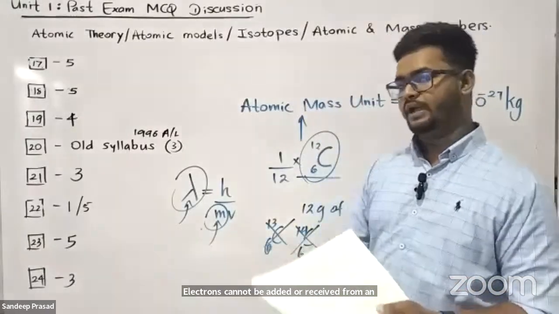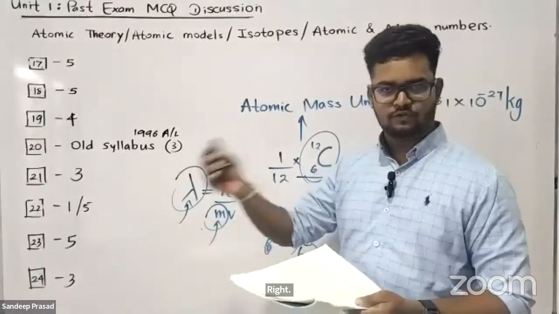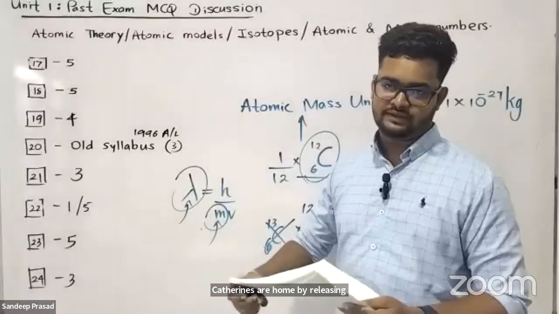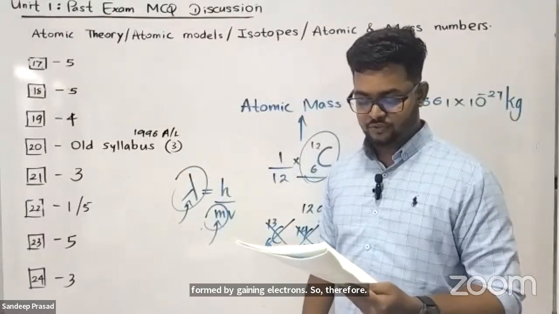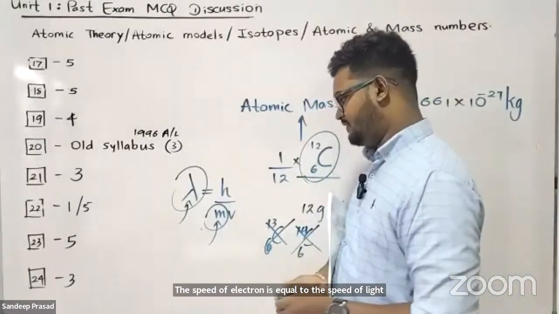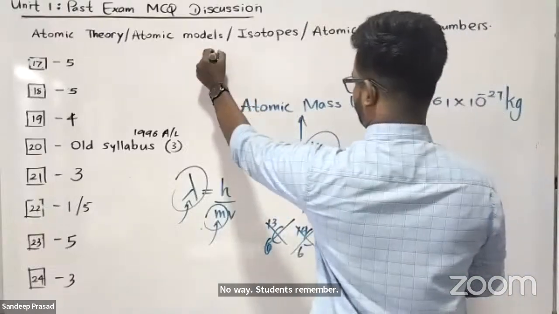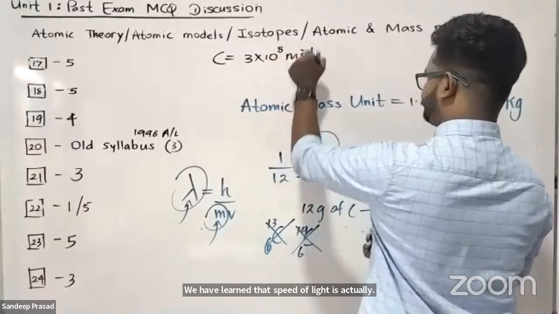Electrons cannot be added to or removed from an atom. Wrong, right? Then how can ions be formed? Cations are formed by removing electrons. Anions are formed by gaining electrons. So that is wrong. The speed of electron is equal to the speed of light. No way, students. Remember, we have learned that the speed of light is 3 into 10 to the power 8 meters per second.